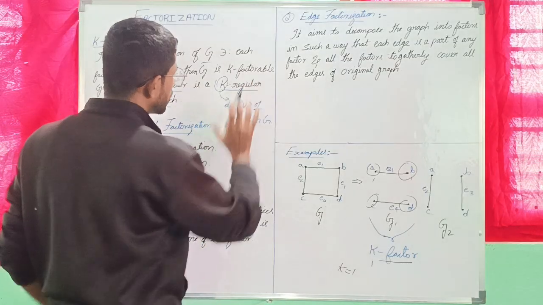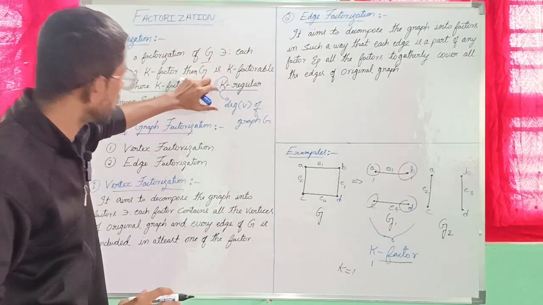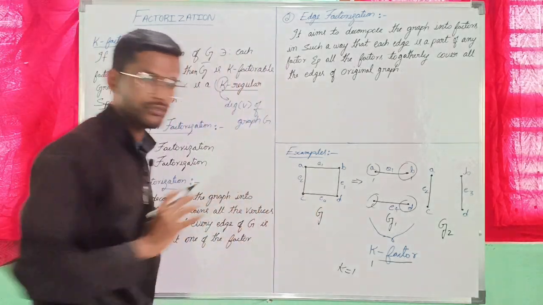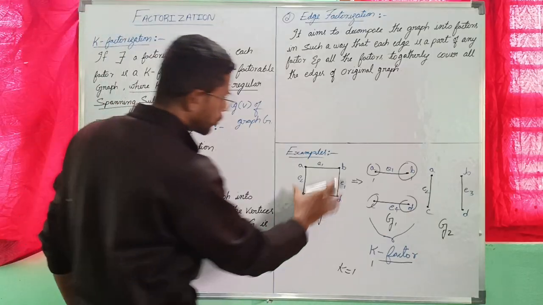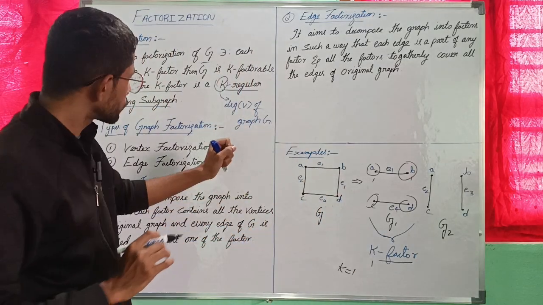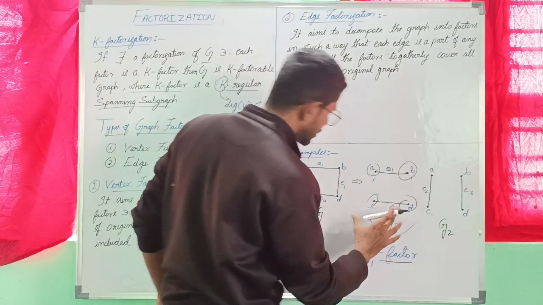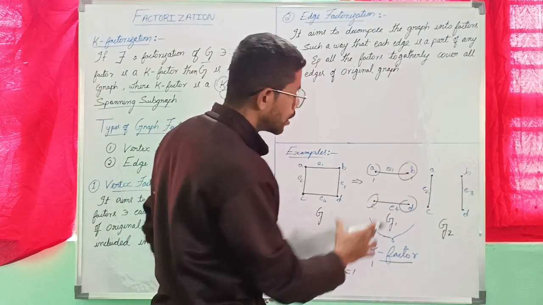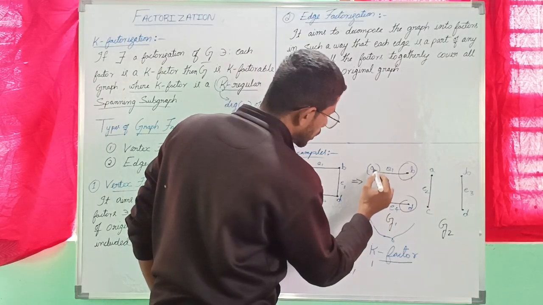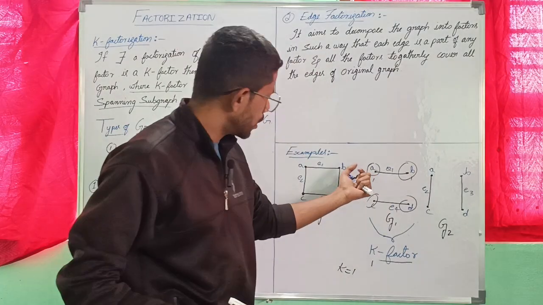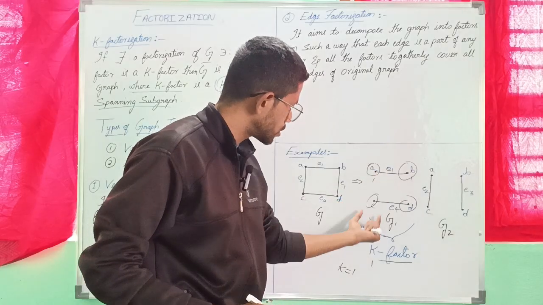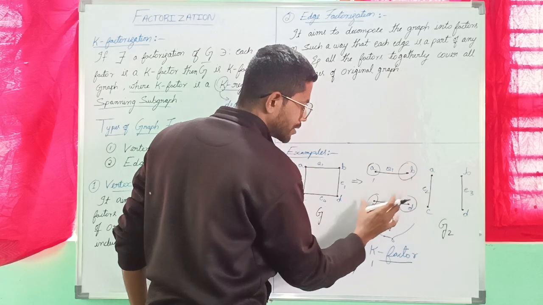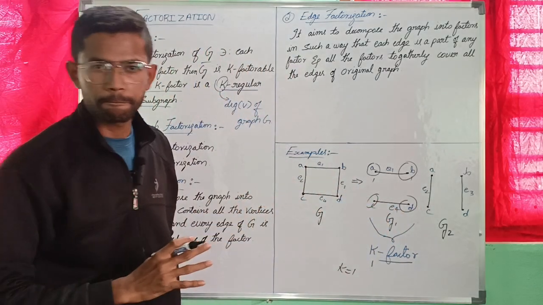Here, k-regular spanning subgraph means that k represents the degree of each vertex of graph G. By considering this example, we know that this graph is a regular spanning subgraph. The degree of vertex A, the degree of vertex B, C, D, is 1.